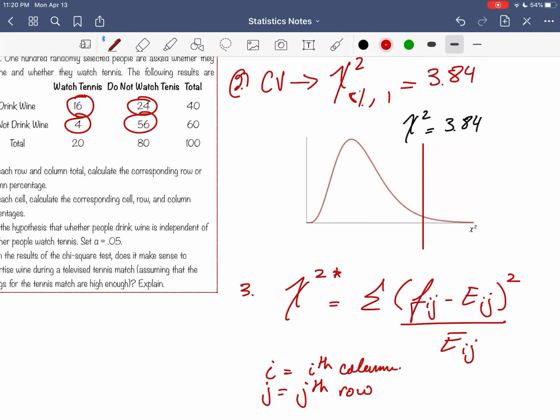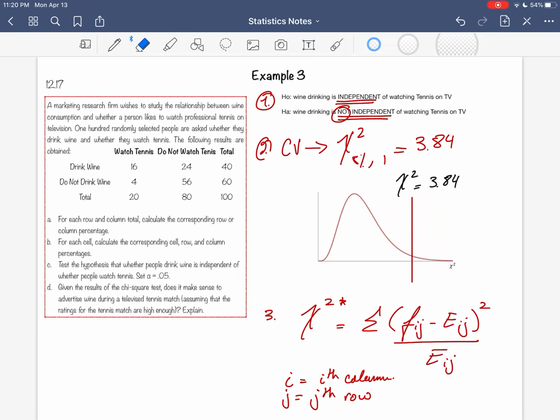So this is row 1, column 1, row 1, column 2, row 2, column 1, row 2, column 2. Okay? So the only piece of information you don't have right now are the expectations. You don't have these guys. Very easy to calculate them. So I'm going to go ahead and redraw the table here this way.